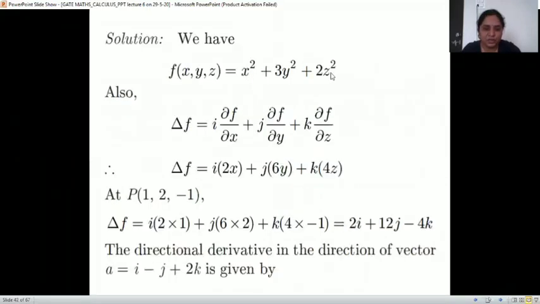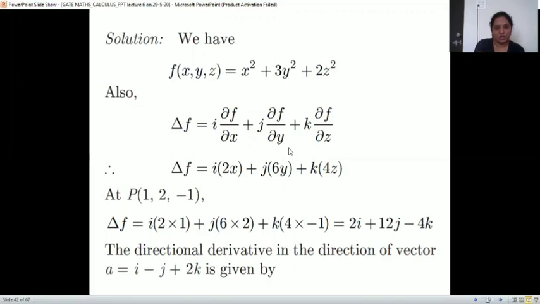f is given. It is not delta, it is del, the inverted delta. Del f is then dou f by dou x i bar, dou f by dou y j bar plus dou f by dou z k bar. So dou f by dou x is the derivative of the whole function with respect to x, and here is only x, so it is 2x i bar.